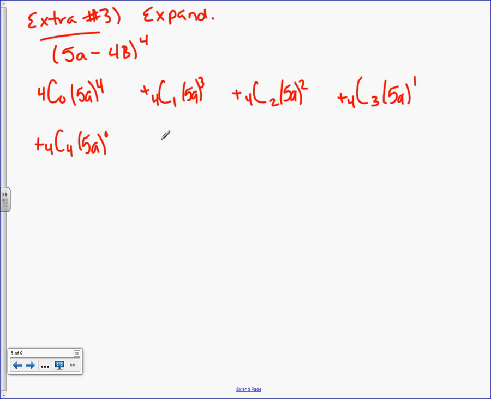So then if you go back, it's going to be the second thing, negative 4b to the what in the first spot? 0, negative 4b to the 1, negative 4b to the 2, negative 4b to the 3, and negative 4b to the 4. Take a minute and look this over and make sure you understand how I used the formula and how I got what I got.